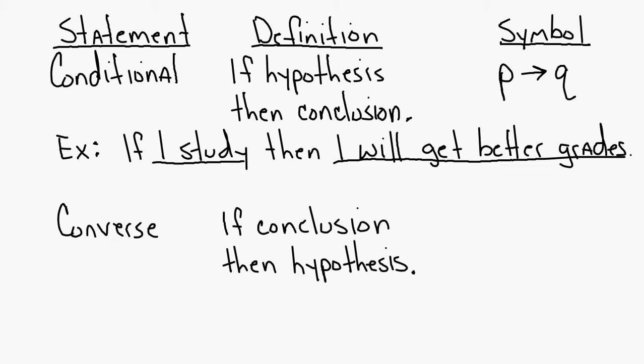Another way of saying that is you just switch the hypothesis and the conclusion. The symbol is Q arrow P.